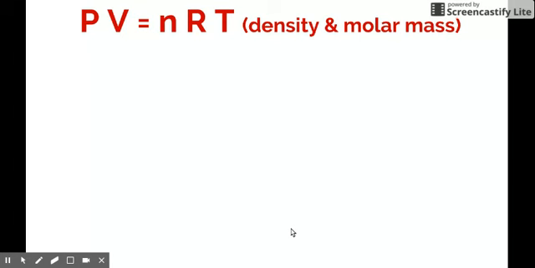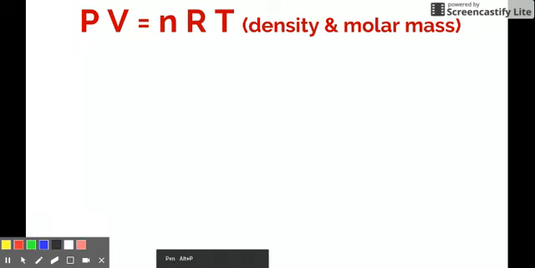So how do we now use PV = nRT, in which we can insert the density and molar mass variables? I'm going to show you how we derive an ideal gas law equation that's expressed in terms of density and molar mass. Let's start with n, the number of moles.